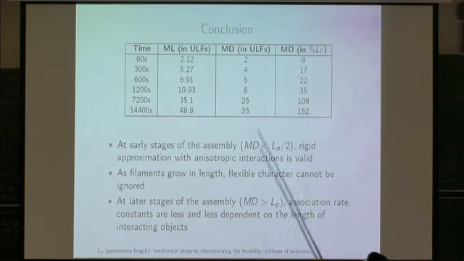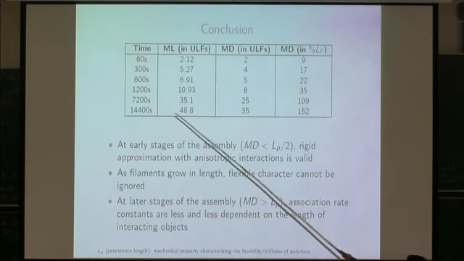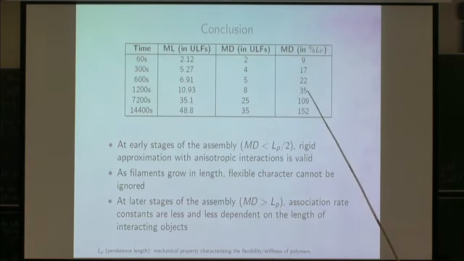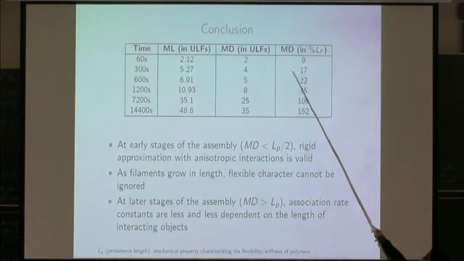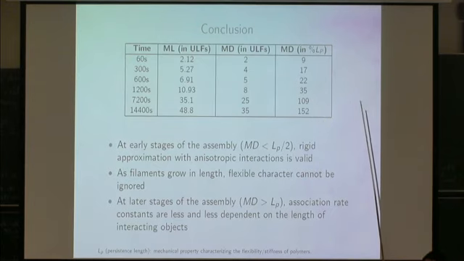It's totally different. When I look at what I have up to 20 minutes, in my system I have at most 50% of my filaments larger, so the median length of the filament is 1/3 of the persistence length. So in fact, up to 20 minutes, my filaments are very short.